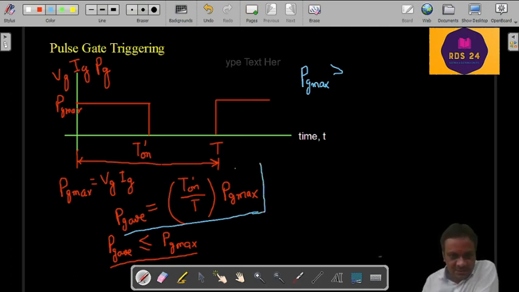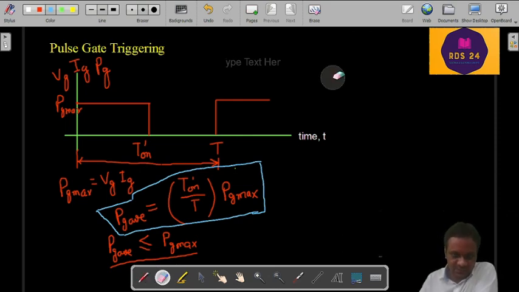Now coming to this relation, here T is your time period. It can be written as 1 upon F, where F is your triggering frequency. T is equal to 1 upon F. So this equation can be rewritten.